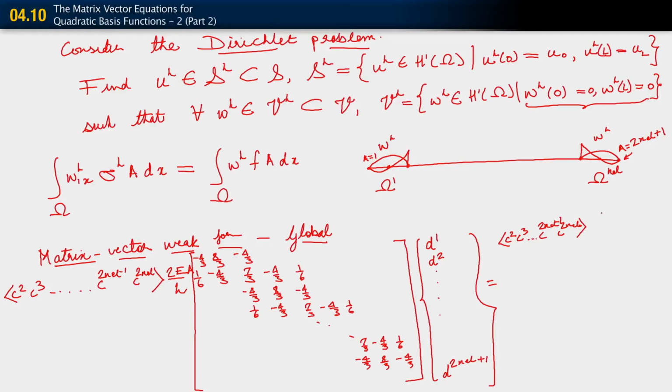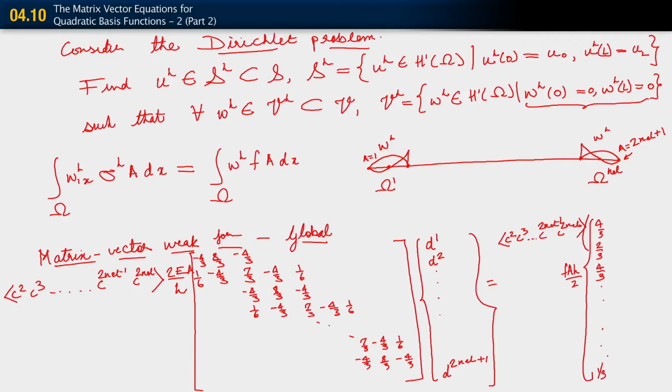This is multiplying a vector here which is first of all multiplied by F, A, H over 2. And here we have 4 over 3, 2 over 3, 4 over 3, and so on until the last entry here is 1/3.